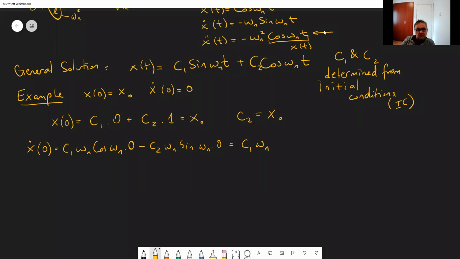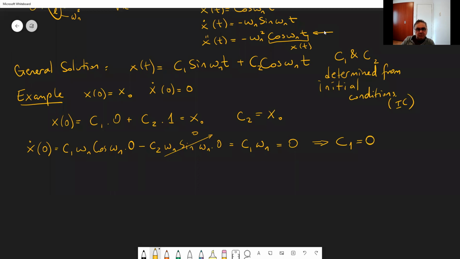But x dot of 0 was 0, because this term is 0. Which gives you that C1 is 0.